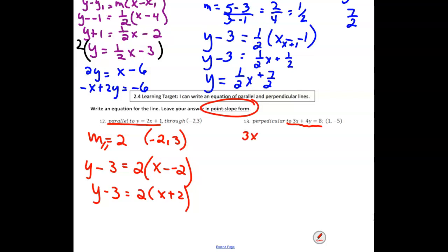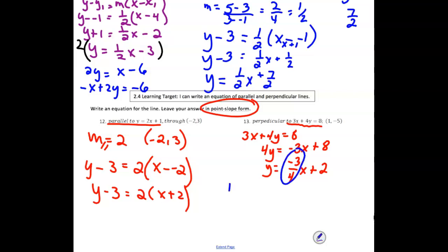So if we have 3x plus 4y equals 8, and I want to solve for y, I'm going to subtract the 3x over. And then I'm going to divide everything by 4. All right. So my original line has a slope of negative 3/4.